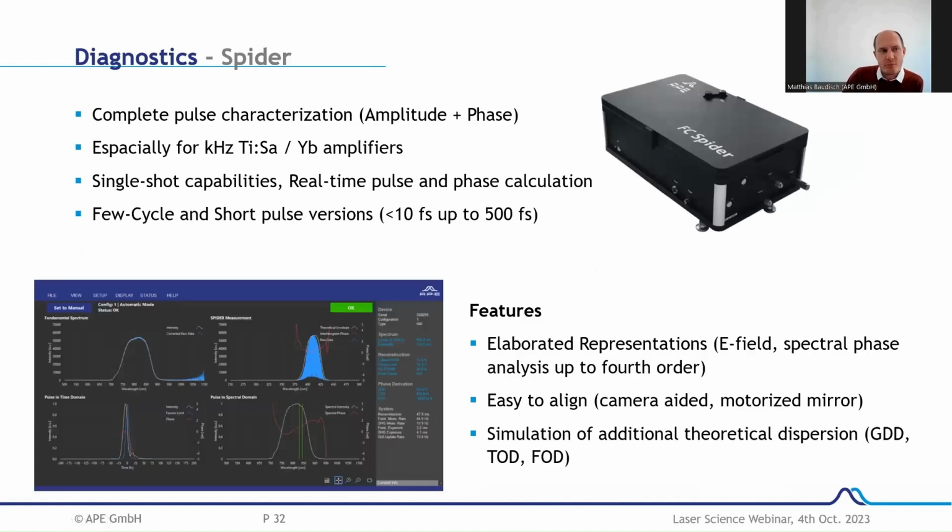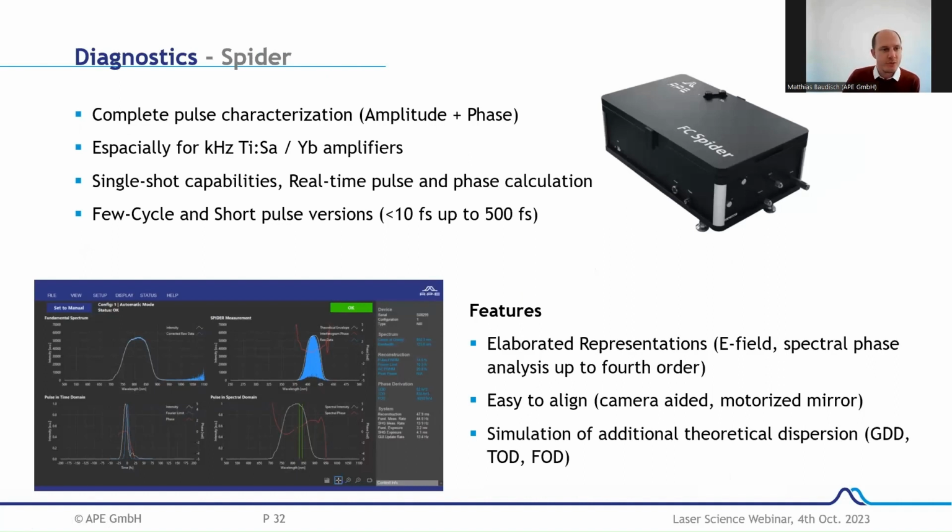Maybe to mention one more, essentially the SPIDER. This is also a technique to measure short pulses, phase and amplitude, where you can do a complete pulse characterization. The difference to our scanning FROG is that the SPIDER has single shot capabilities, and in real time you can calculate the phase of your pulse.